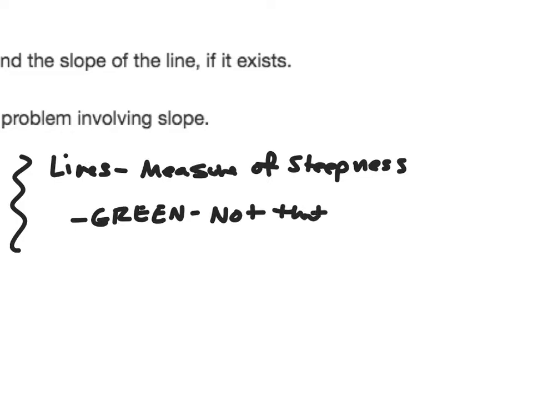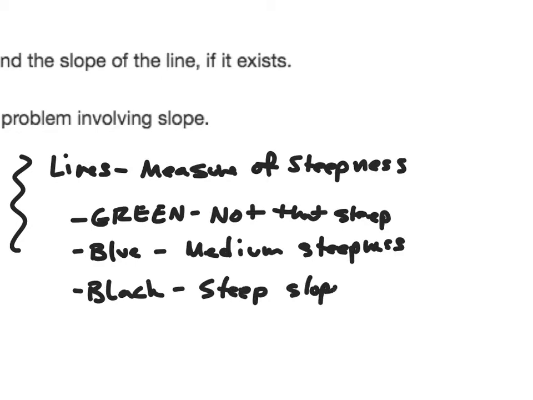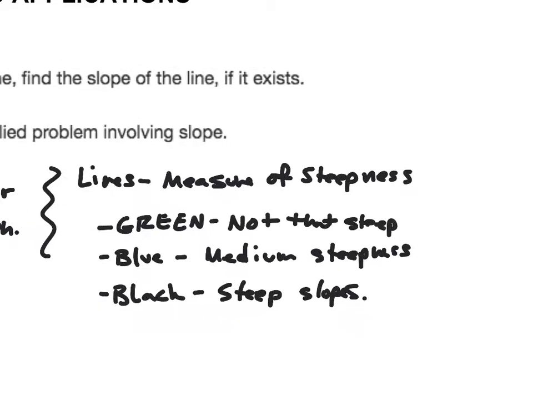Blue runs are a medium steepness. And when you have your blacks, those are pretty steep slopes. That's kind of the idea. It's a measure of steepness.